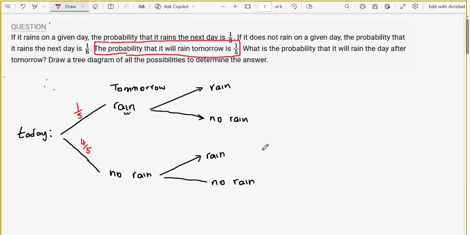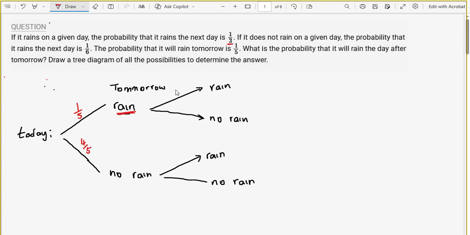Let's work on filling the probabilities. This is where we bring in that 1 over 3. They say that if it rains on a given day, the probability that it rains the next day is 1 over 3.